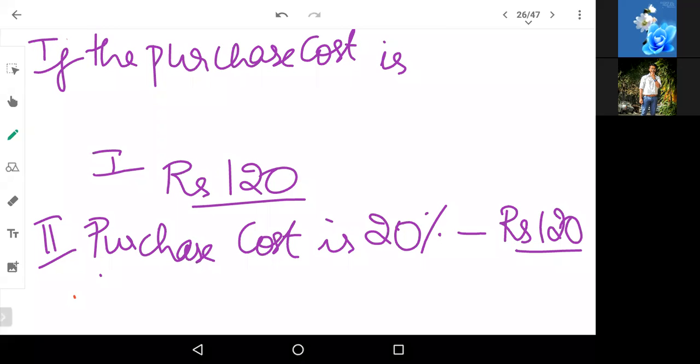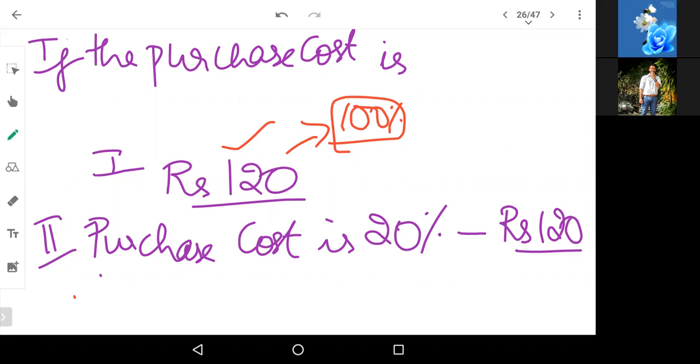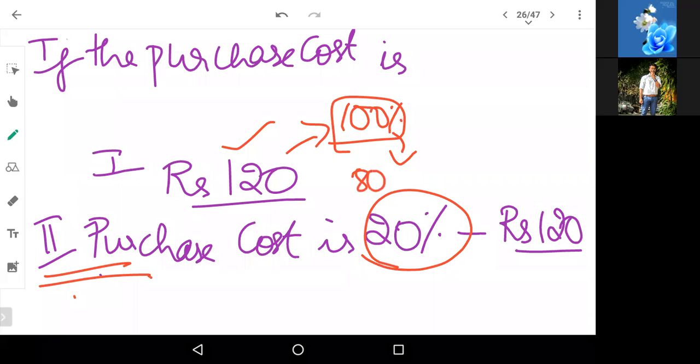In the first scenario, I took 100% of 120 rupees. But in the second scenario, they are saying purchase cost is 20% less, which means I will consider it as 80% of 120. Are you able to understand?